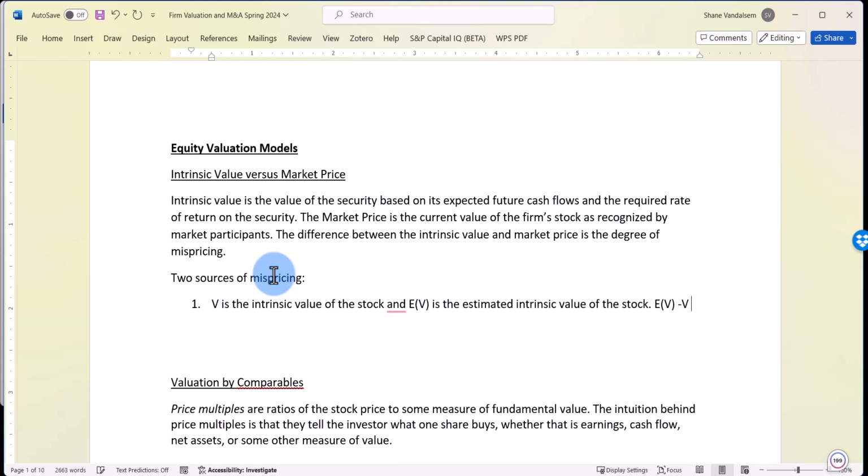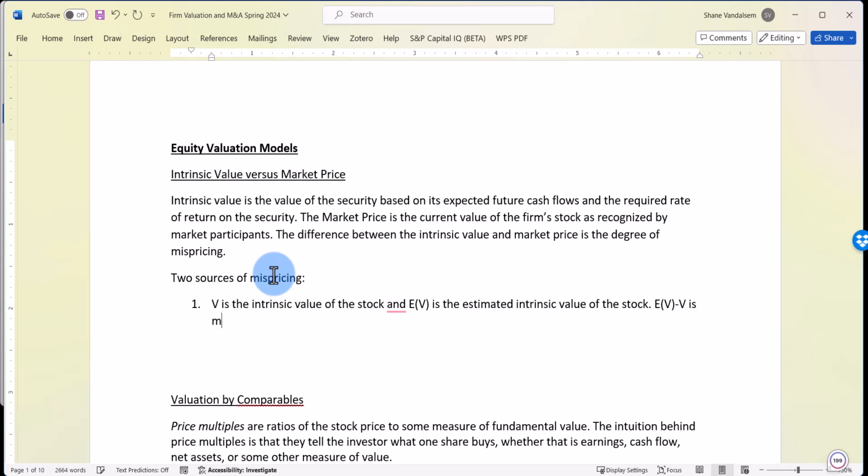EV minus V is mispricing due to analyst error.